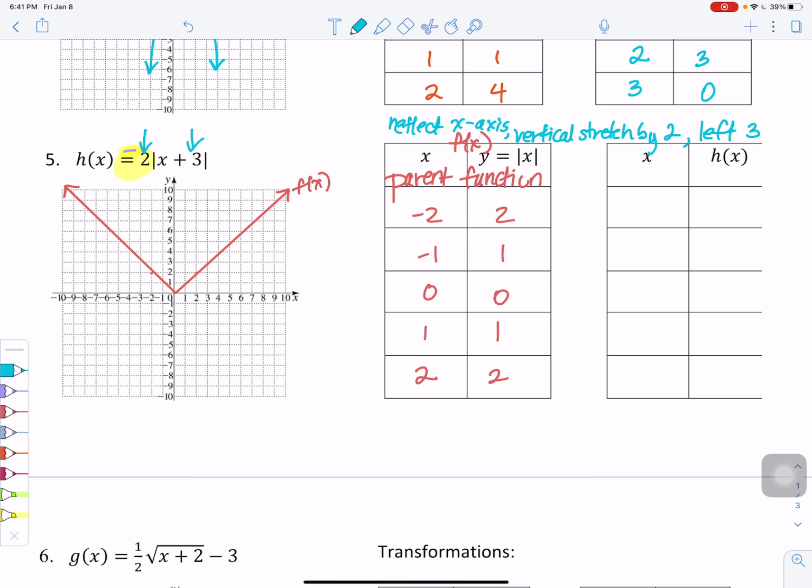Okay, put that together. So the reflection is the opposite of y, and then a vertical stretch by 2, we would have to multiply it by 2. So a negative 2 times our y values. And going to the left 3, we will subtract 3 from each x value. Let's go ahead and subtract 3 from each x value first.